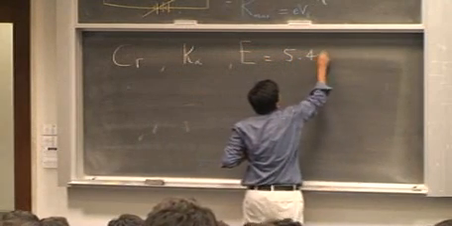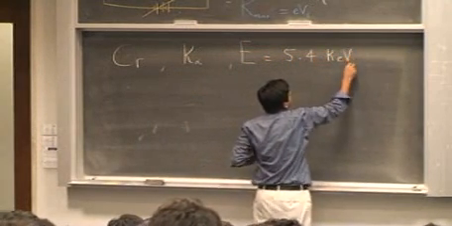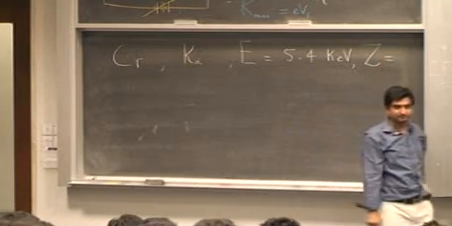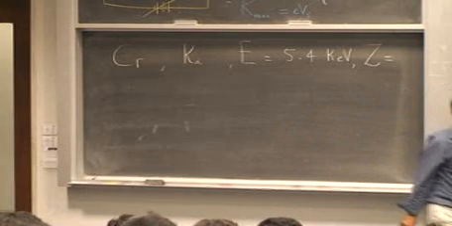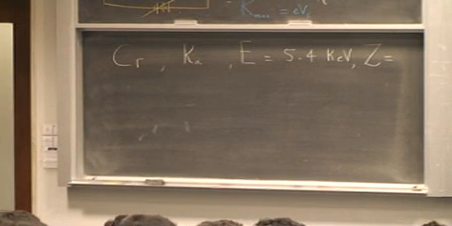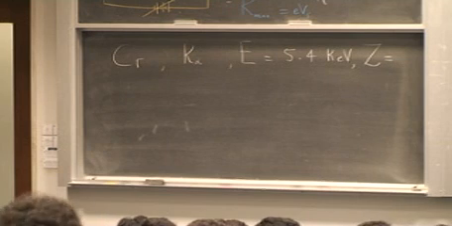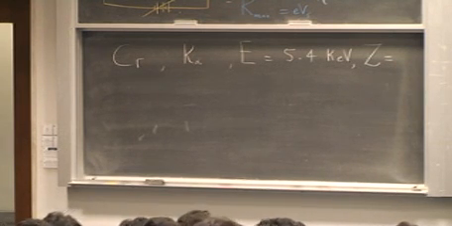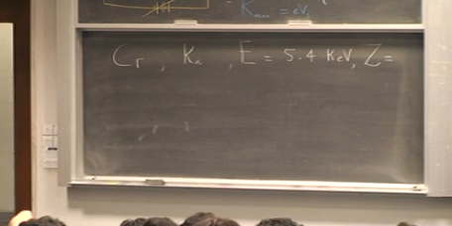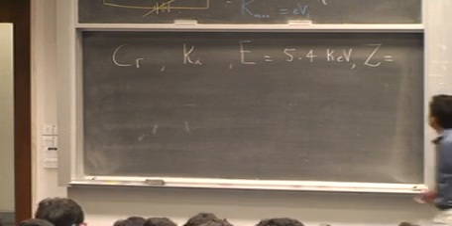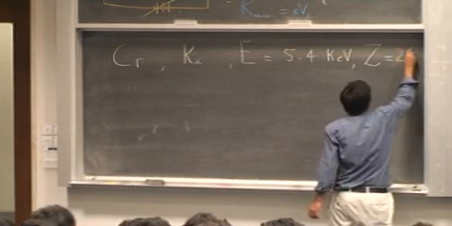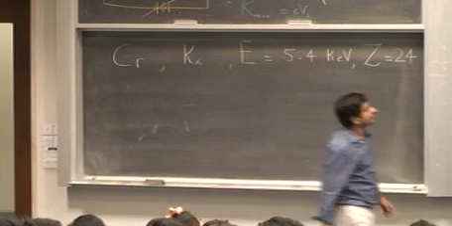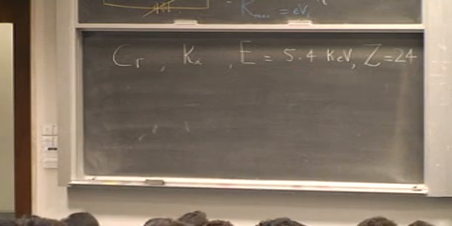The atomic number of chromium is 24. Alright, I have it on my notebook as well. So energy 5.4 kilo electron volts. So my formula for the energy is this.